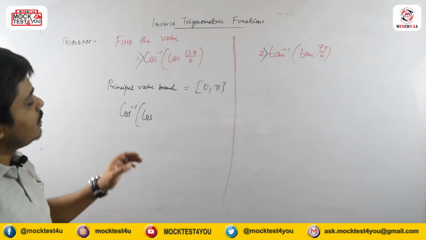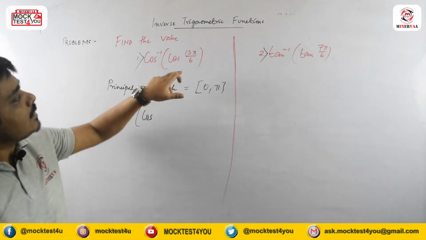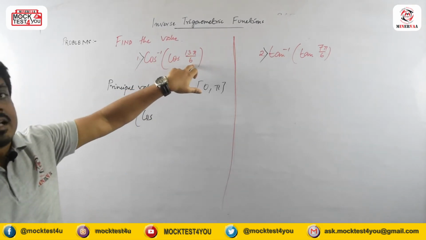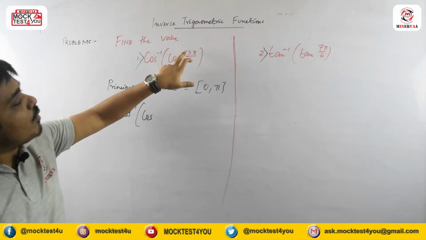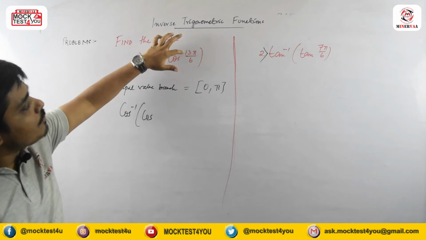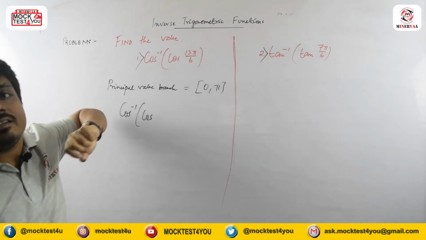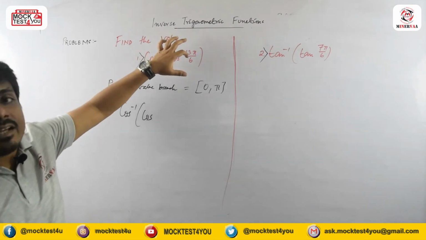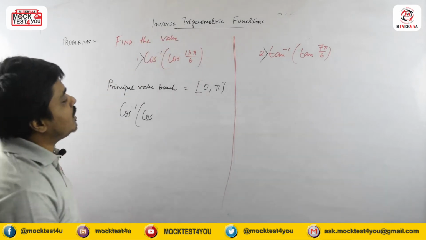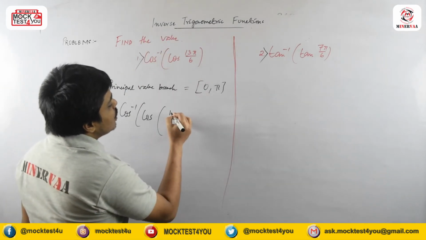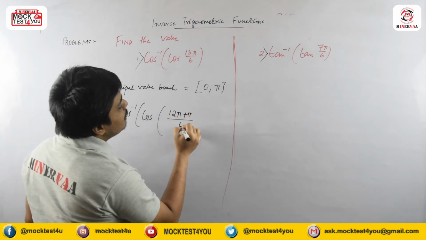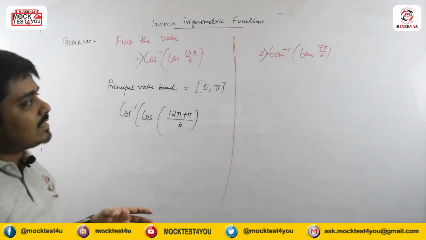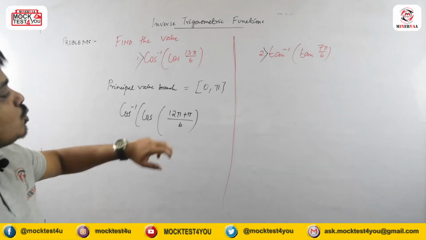Now listen very carefully, that 13 pi by 6. Now I will check what are the closest multiples of 6 to 13. The closest multiple of 6 is 12, that is closest to 13. So I can write this one as 12 pi plus pi divided by 6. The closest multiple of 6 to 13 pi is 12 pi.